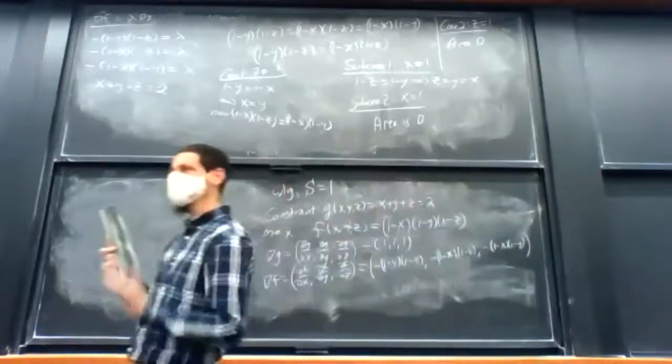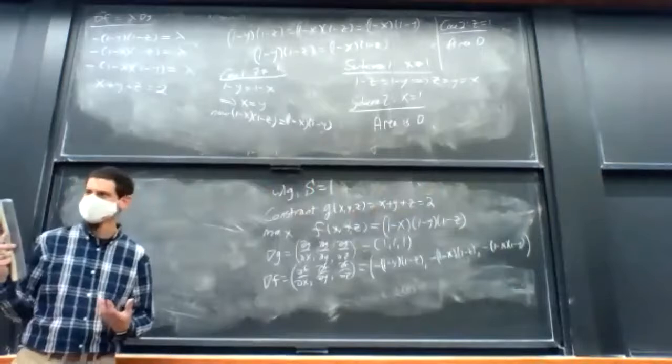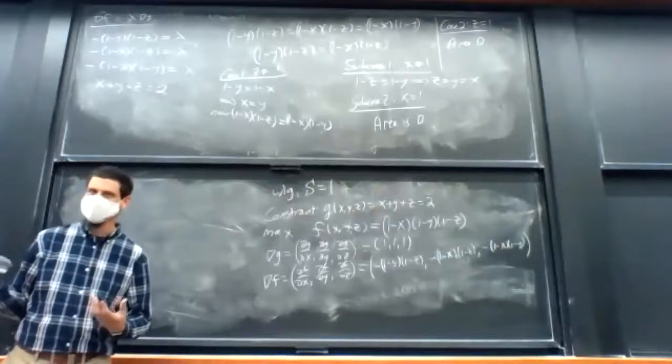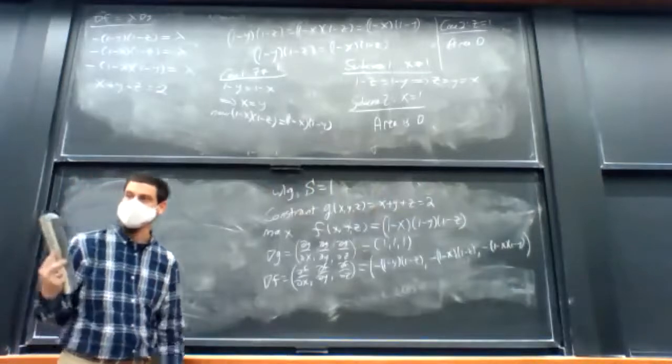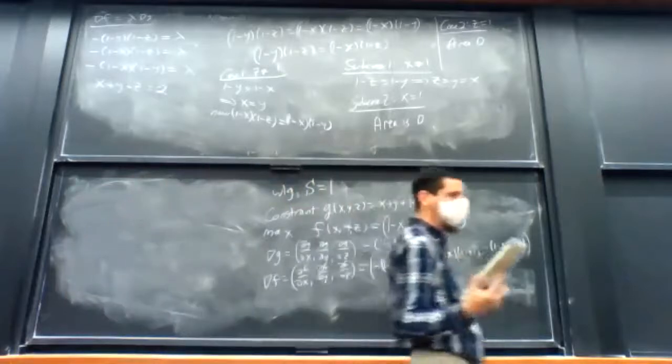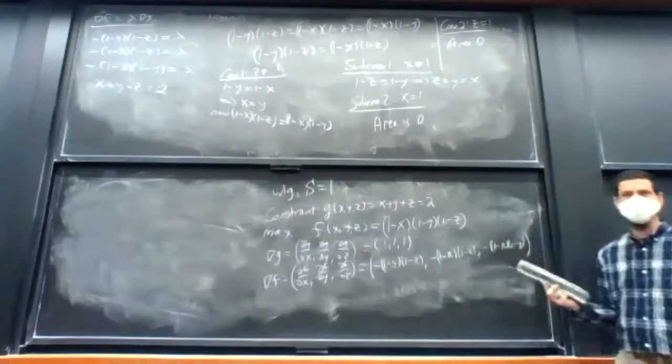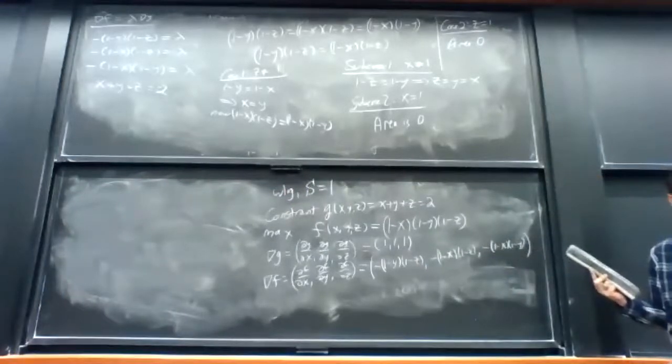It's 45, 45, 90, but that right triangle has a special name: isosceles right. My intuition is that the isosceles right triangle would be the best right triangle for a given perimeter.